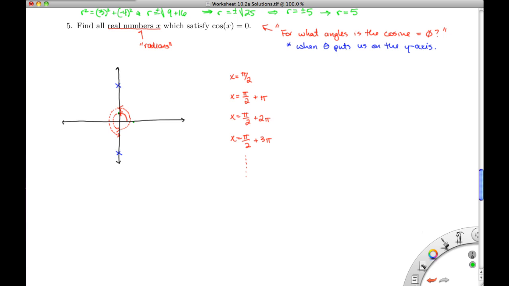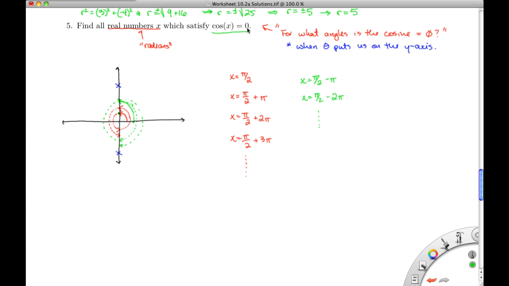So maybe we went pi over 2, and then we backed off, and we went in the negative direction, and then another pi in the negative direction, and then another pi in the negative direction. So some other solutions could have been x equals our initial solution minus pi, or x equals pi over 2 minus 2 pi, and so on and so forth. So there's an infinite number of solutions to this seemingly simple equation here.